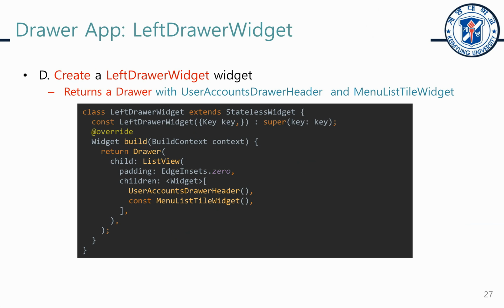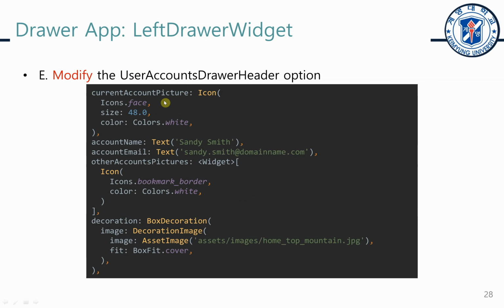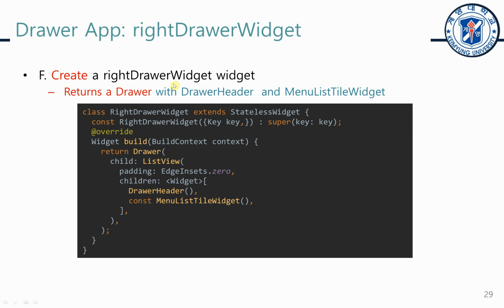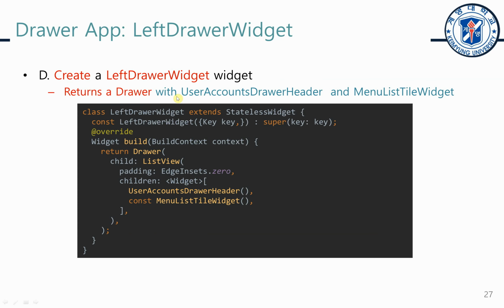So we have to create a left drawer widget, and also we have to create a right drawer widget. The left drawer widget just returns a drawer, but inside it has a list view with some padding information, and a list view of the user account header and the menu list tiles we just created.